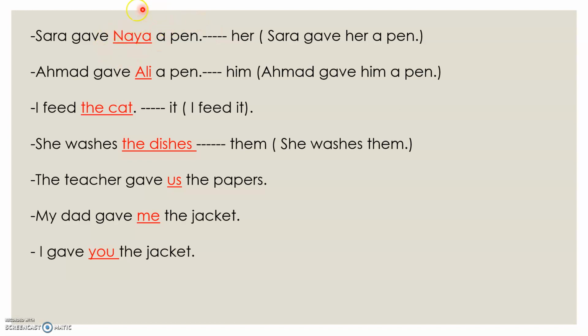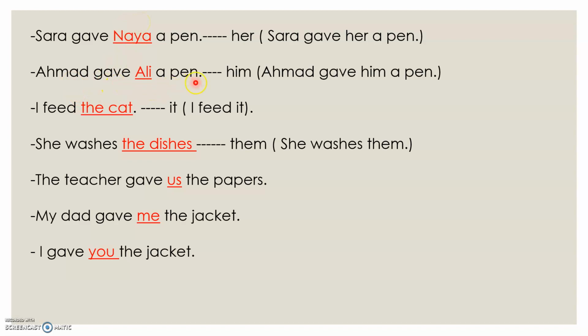So instead of Naya as the direct object of the sentence, we can use the object pronoun, which is her. Because Naya is a girl, we can use the object pronoun her, right, instead of the object part of the sentence. Sarah gave her a pen. Her instead of the object of the sentence, which was Naya.